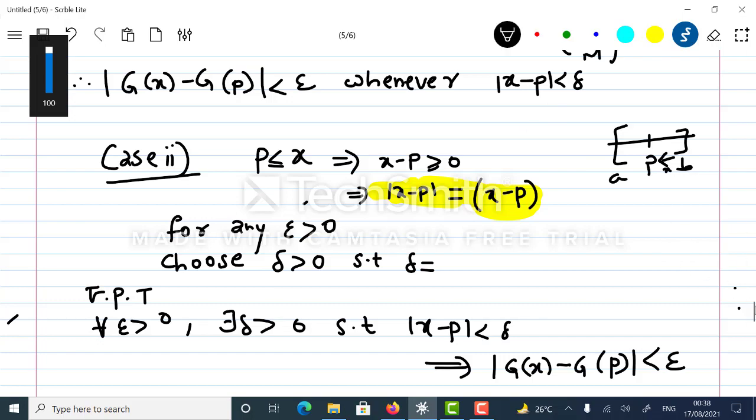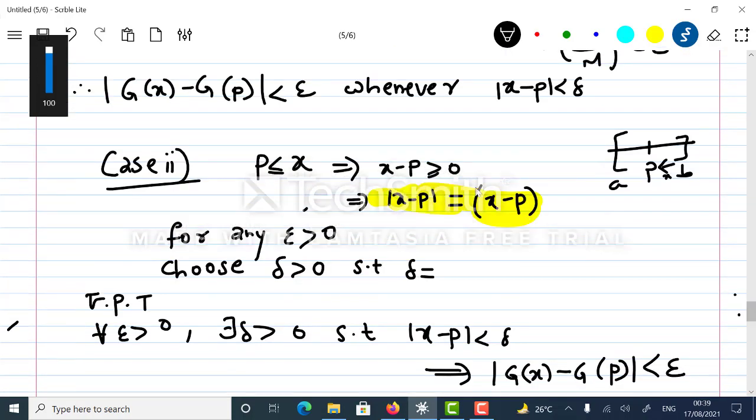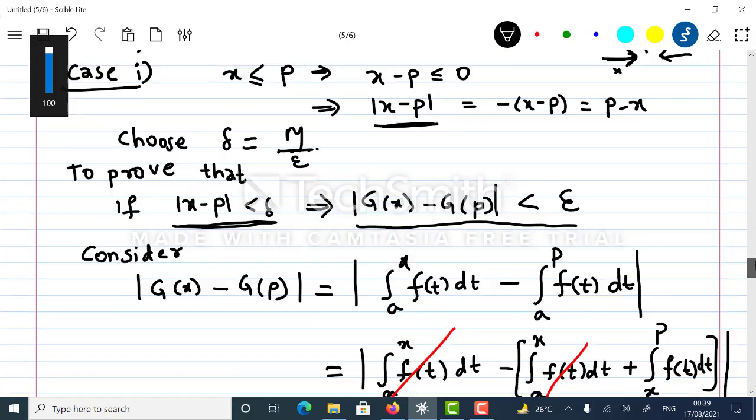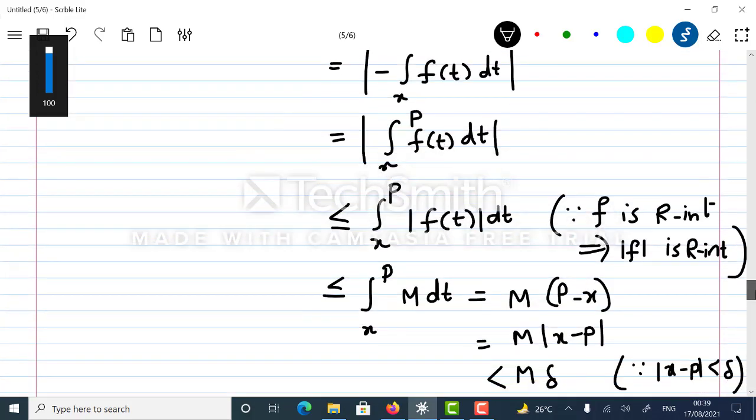So I can make it mod x minus p, and we know that mod x minus p is less than delta. So while choosing delta, we should write delta is equal to epsilon upon m. In case 1 also I have taken epsilon upon m.